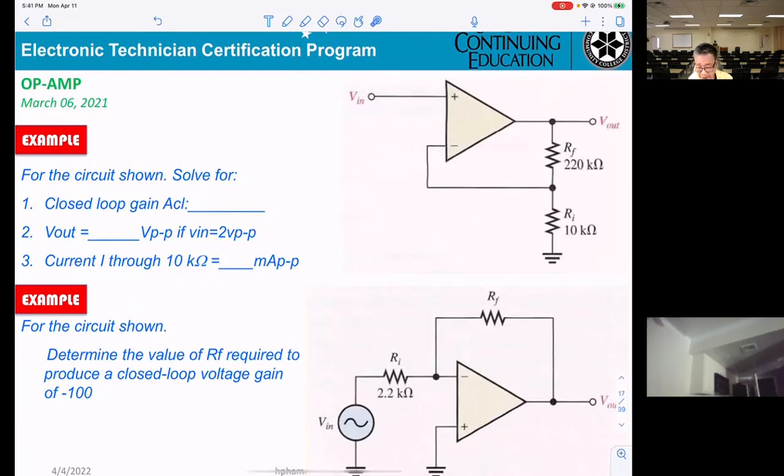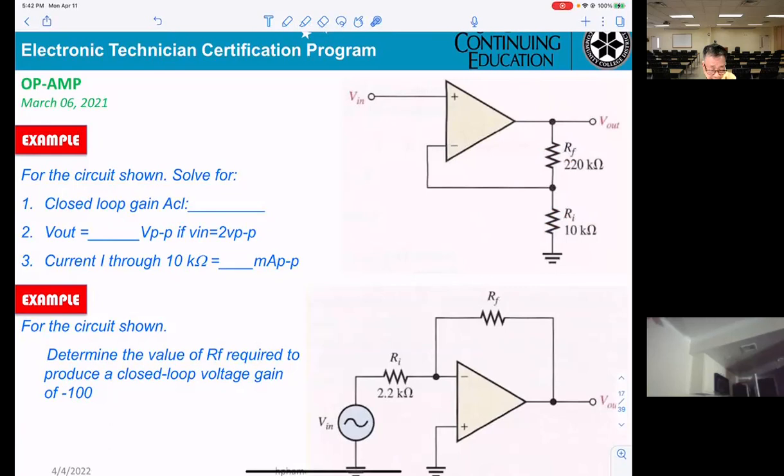If V in connects to the positive, it will be non-inverting. If V in connects to the negative, it will be inverting. So for this one, a different connection. However, we know that will be RF, that will be R1.